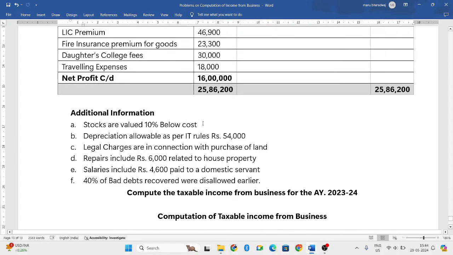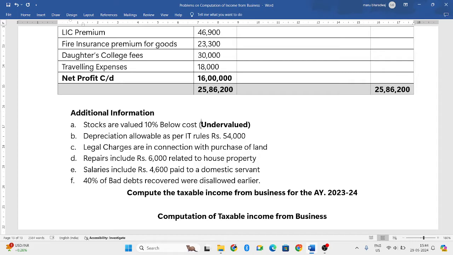Stocks are valued 10% below cost. It is simply to say that it is undervalued. From the actual cost, they have valued it 10% less than the actual cost, which means it is undervalued. I will tell you how to do this.